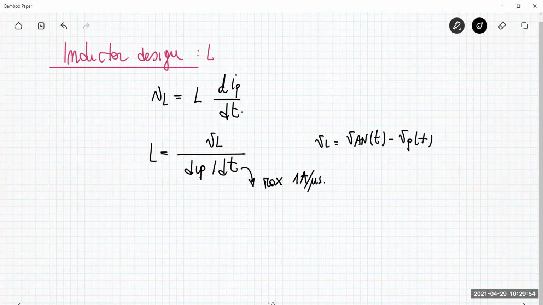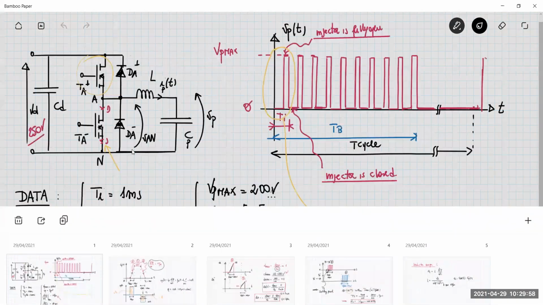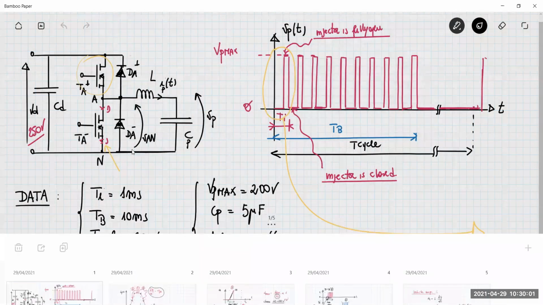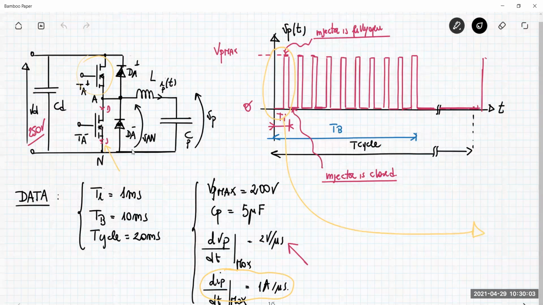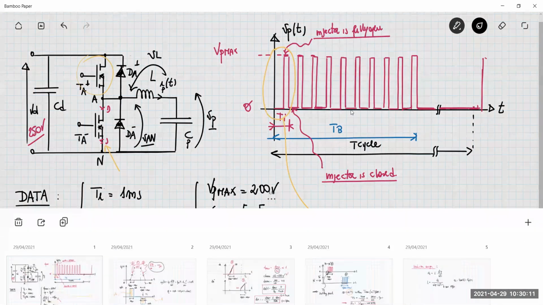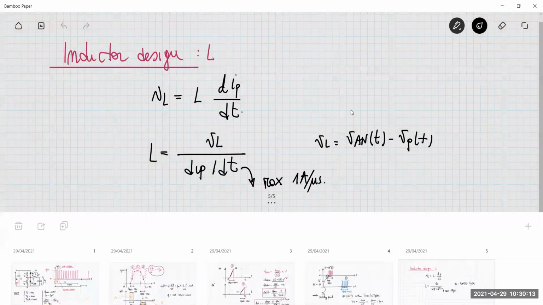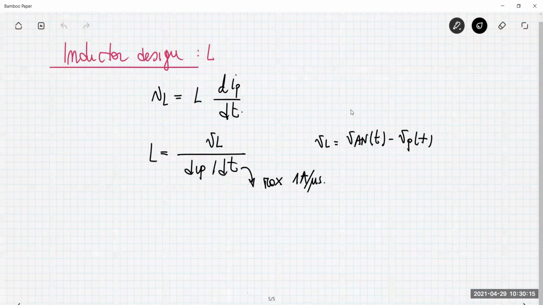Okay. The voltage VL is the voltage here, and it is VAN minus VP. The worst case for the voltage across the inductor happens when the voltage VP is 0.